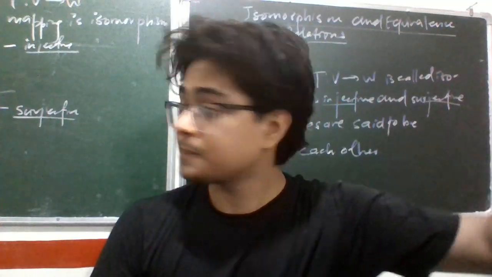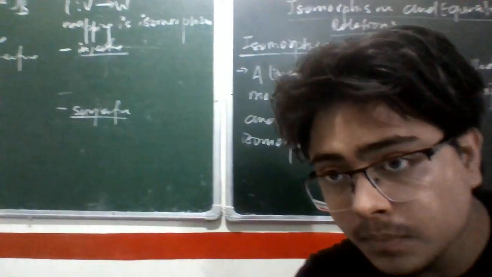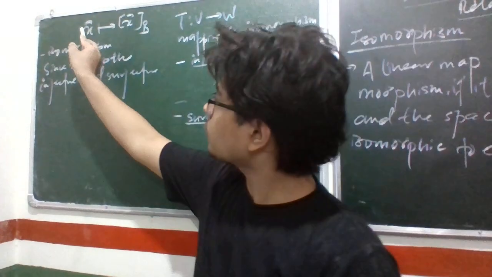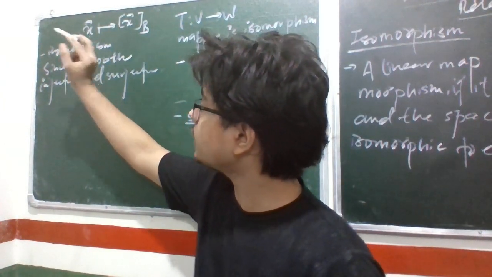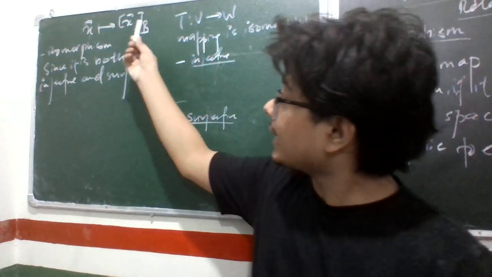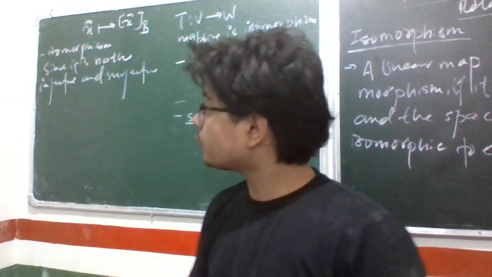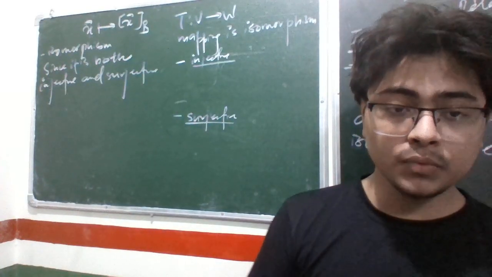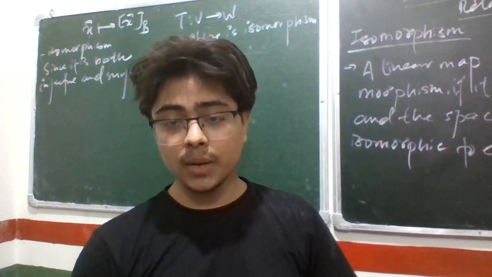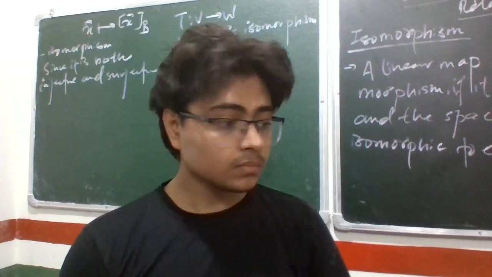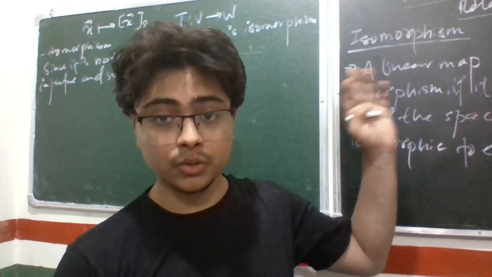So we can say that a mapping which goes from a vector to its corresponding coordinate vector is an isomorphism, since it is both injective as well as surjective. This is just a brief introduction, or the definition, of the isomorphism.